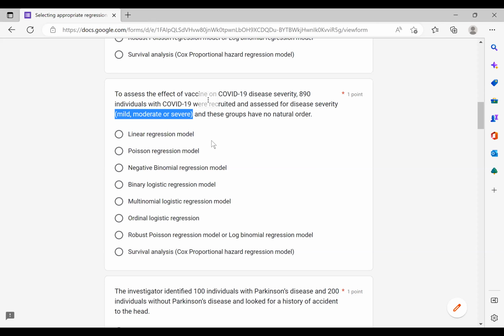We have one article on COVID-19 disease severity, and some argued that this is ordinal data, but I am sure most of you have encountered a COVID-19 patient, and some of the patients were presenting with just desaturation and silent hypoxia with no other feature, both clinical symptoms or just X-ray features. So this type of patients just developed severe disease without going through the mild or moderate process. It was a very common encounter.